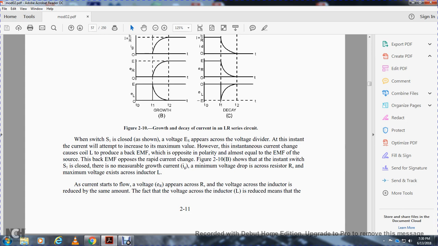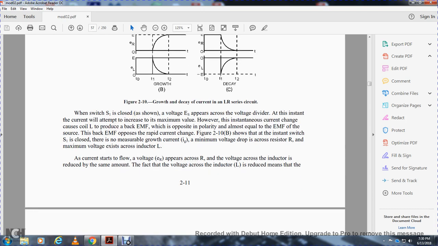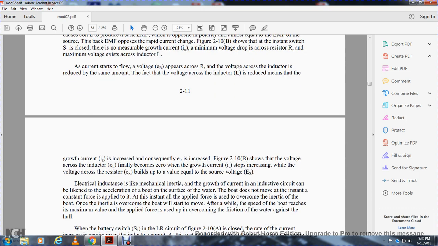As current starts to flow, the voltage ER across the resistor increases, and the voltage across the inductor is reduced by the same amount. This means the growth of the current is accompanied by a reduction of the voltage across the inductor.